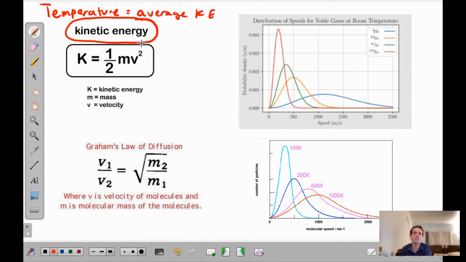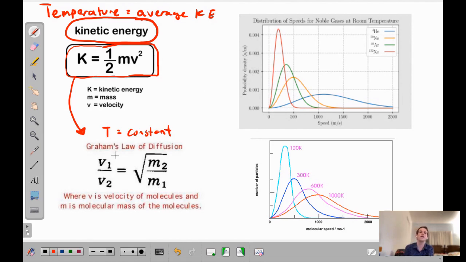So you should be familiar with this kinetic energy law. They give it to you on the formula sheet, but it can be manipulated into a lot of other formulas. One way it can be manipulated is if you assume that the temperature is constant, which means the average kinetic energy is constant, then you can derive this formula here.